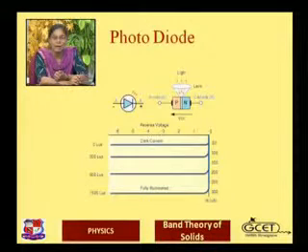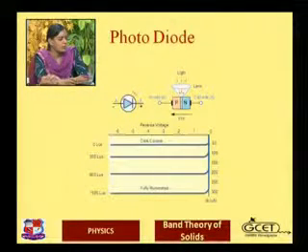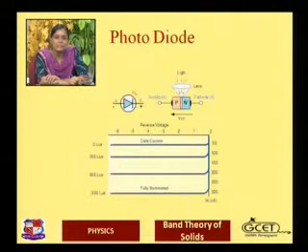That current will enhance the value of the original reverse saturation current, and that's why the second curve in the reverse characteristics graph is again constant, but at a particular intensity of light we have a constant increase in current, and that is called the illumination current, IL.